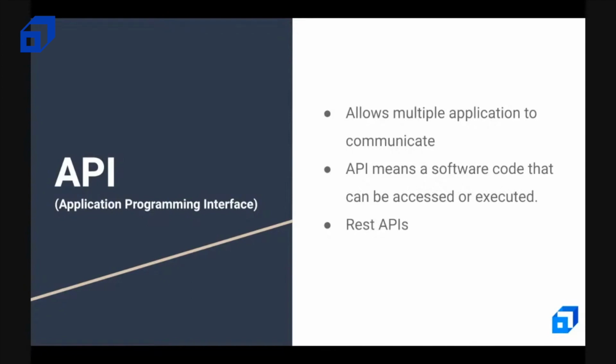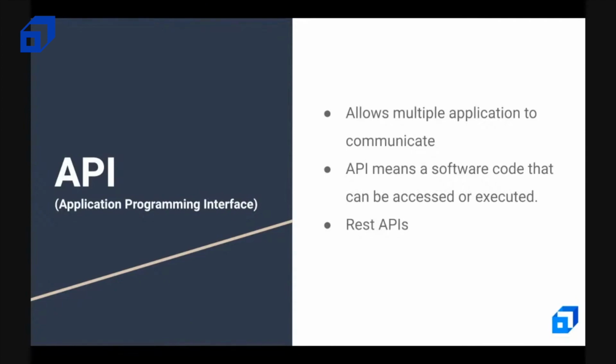API stands for Application Programming Interface. It's a bit complex to remember at first instance, so what it means is, for example, you have two different applications, so how can they communicate with each other? In general life, you can compare it to this: I am a simple human and my friend is standing beside me. How can we talk to each other?